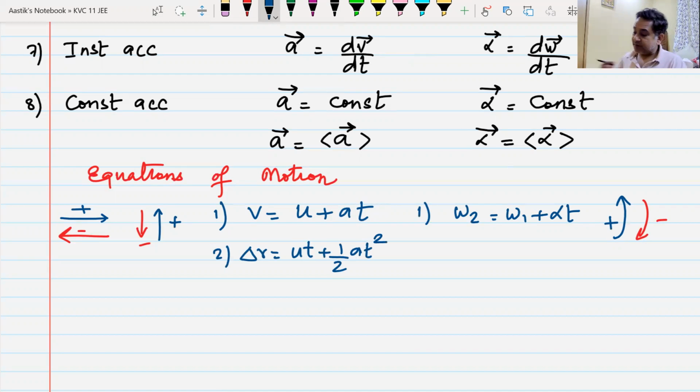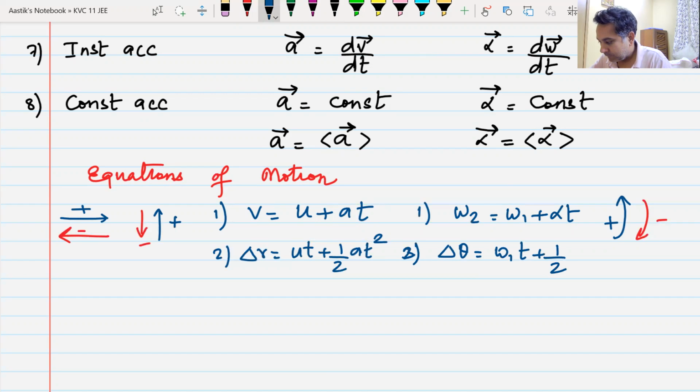Second equation was displacement. Third equation, v square is equal to u square plus 2a delta r.